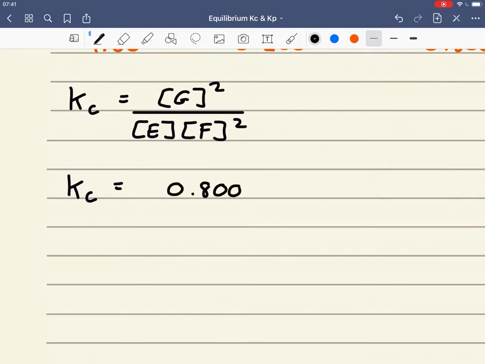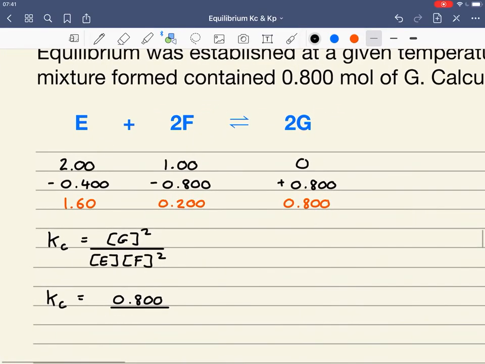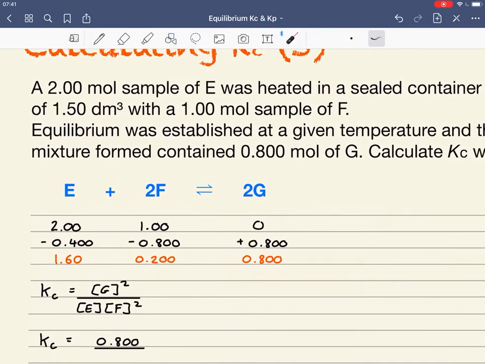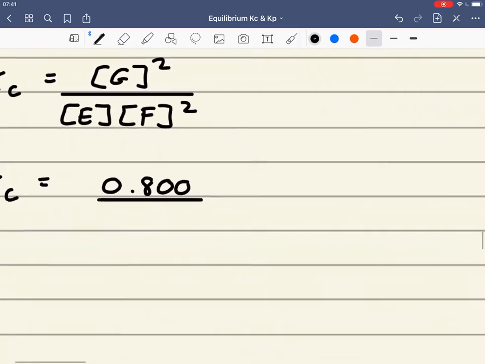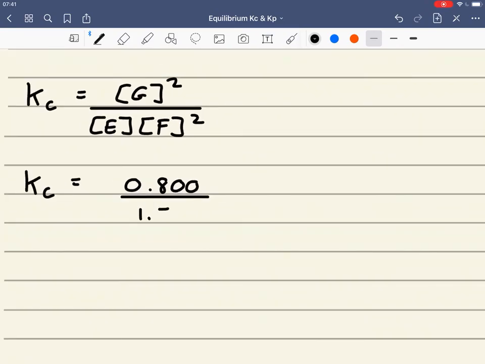But of course I need a concentration, so I need to divide that then by the volume, which is given here as 1.50. So it's 0.8 over 1.5. That's my concentration, but remember, all this needs to be squared.